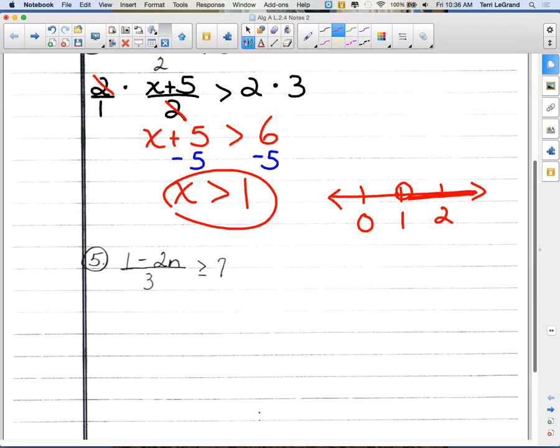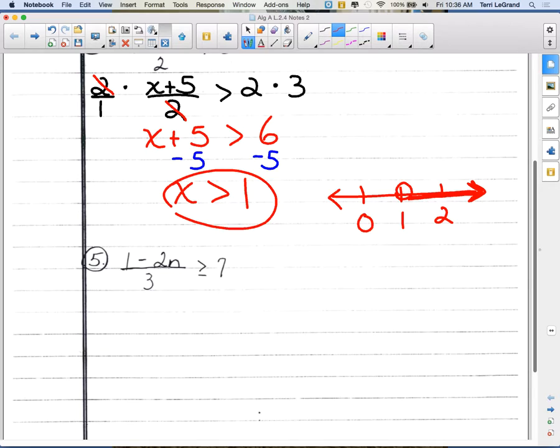But anything greater than 1, so anything heading to the right of it on the number line, is a solution. Now again, here's another thing that I don't think some of us are taking the time to do, and it doesn't take very much time. Look at the integer neighbor in the shaded region and make sure that it makes the inequality true. So we would put 2 in for x. Is 2 greater than 1? True or false? True. It makes it true, so I'm feeling pretty good about my shaded region.